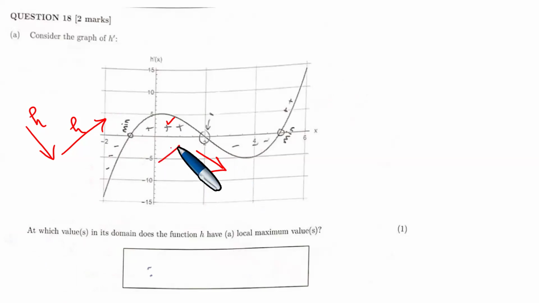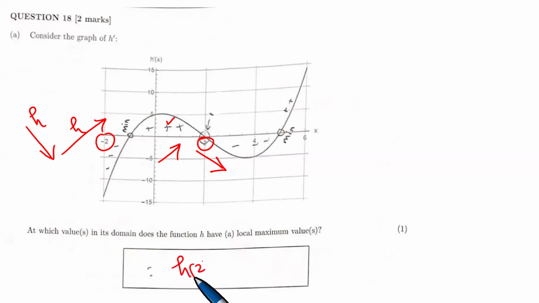If here it runs upslope and then it runs downslope, then the local maximum is at x equal to 1. It is exactly at this value here. But looking at this, it is at minus 2, which means that this is going to be at 2. And at which values in its domain does the function h have it?